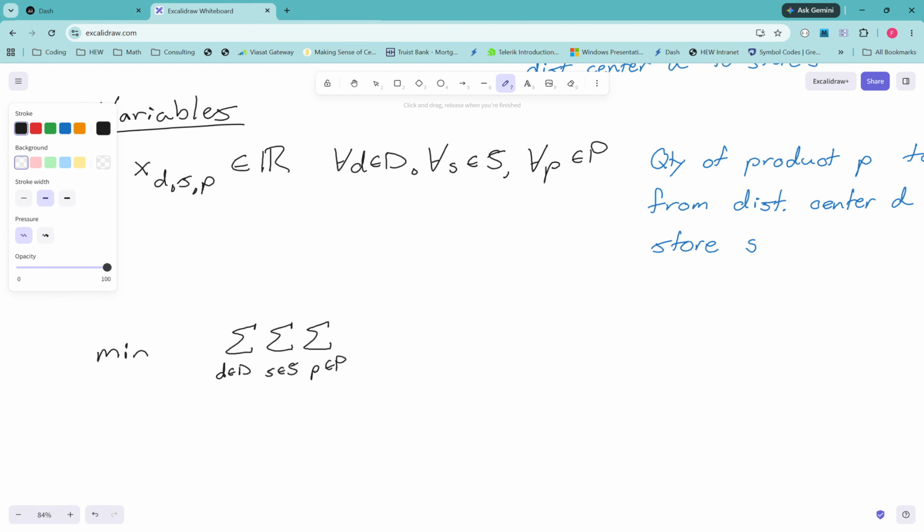Now, what exactly are we summing? Well, we're going to be summing a product. We're first going to have to consider my decision variables. This is talking about how many of some product I'm moving from a distribution center to a store. And I'm multiplying that now by the unit cost here. Excuse me, I can write that just a little better for us.